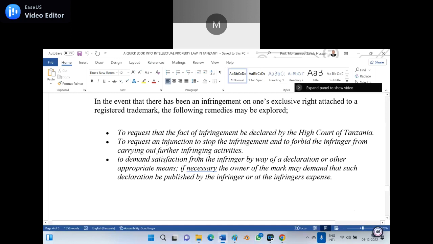Later we can go to the Court of Appeal if leave to appeal is granted.